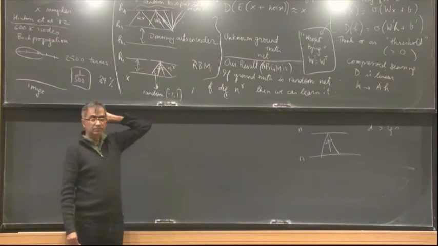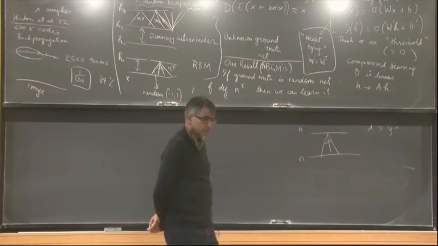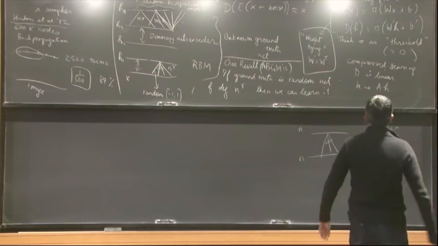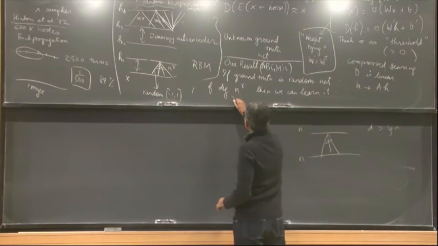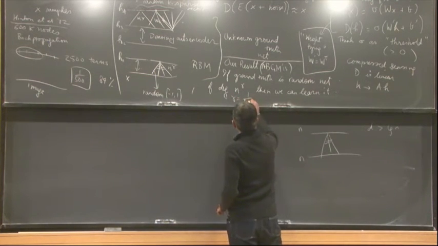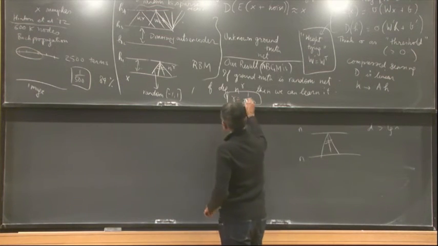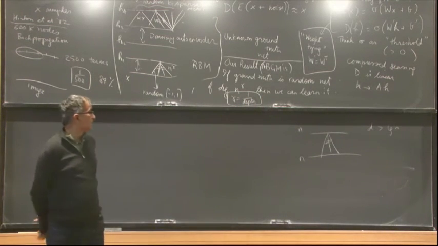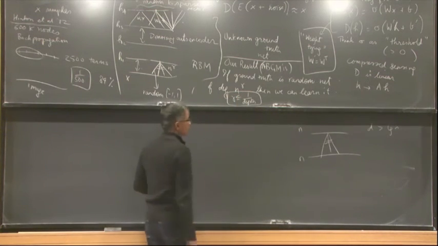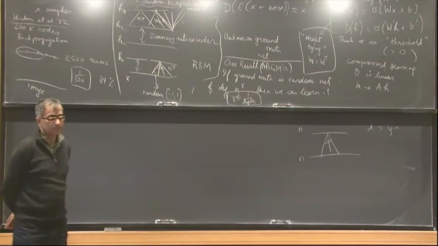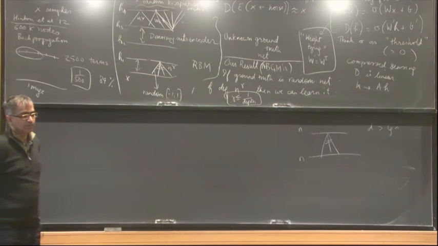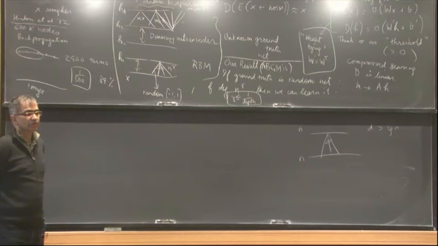What is the relationship between gamma, k, and the depth? Gamma is 1 over the depth, less than or equal to. It's not a big constant, roughly that.